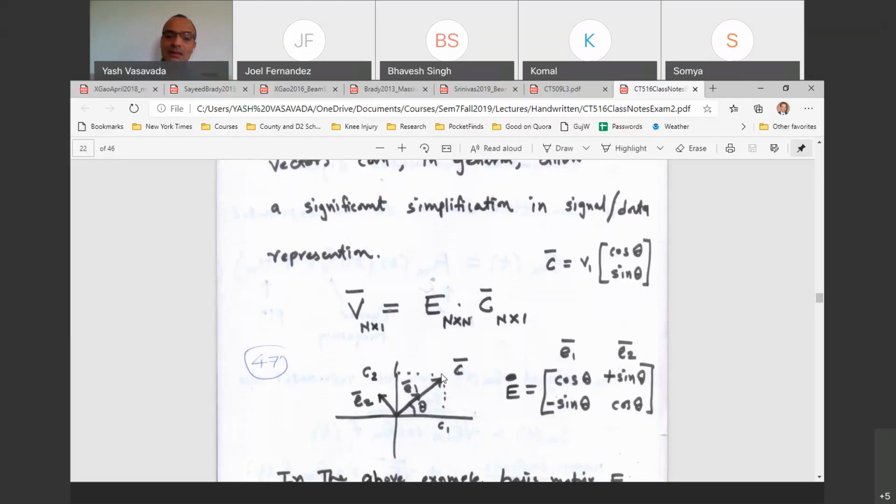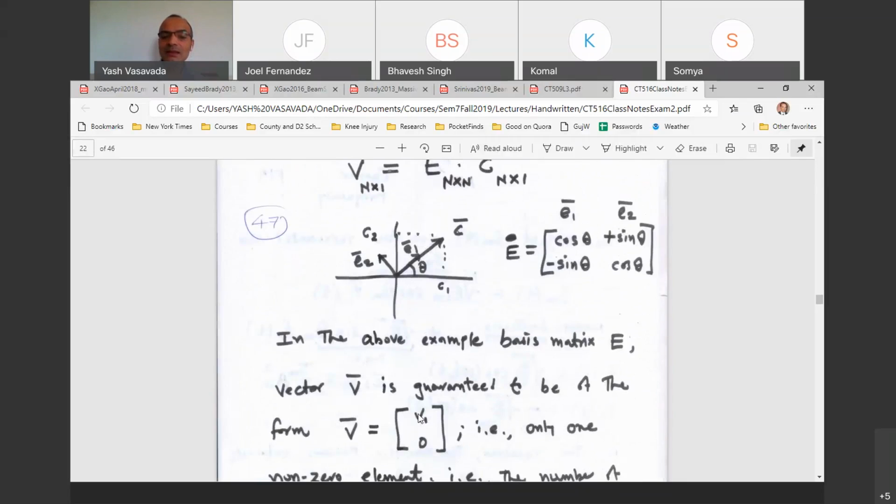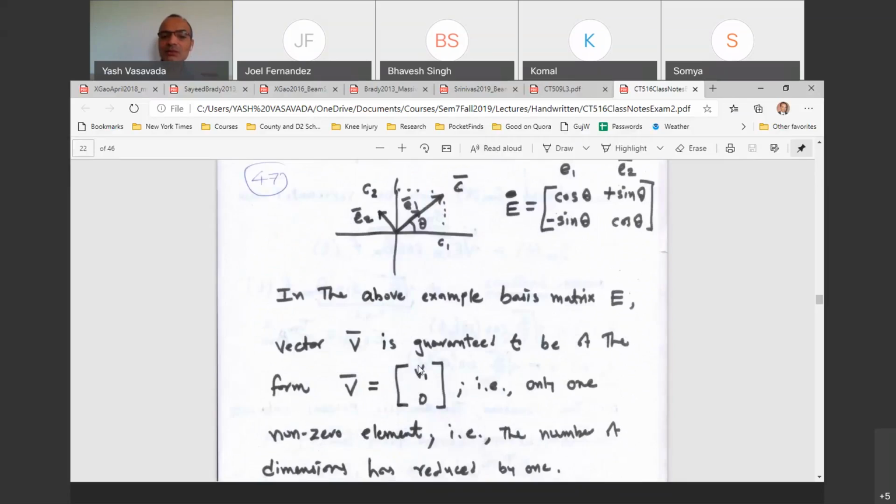And so this vector C becomes aligned to the new x-axis, which is the first column of our basis matrix, aligned to this vector E1. Now our vector V, obtained by this transformation, has only one non-zero value. The other value is 0. If I'm doing some data compression, then instead of storing two non-zero values, I have to store only one value. The other I know is going to be 0.